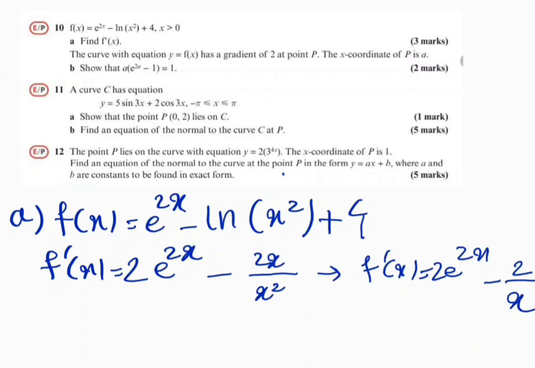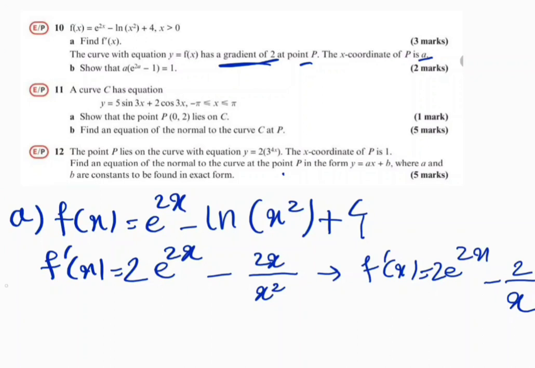Now part B says that the curve with equation y is equal to f of x has a gradient of 2 at point P. The x coordinate of P is a, so we don't know the x coordinate. Show that a times e to the 2a minus 1 is equal to 1.